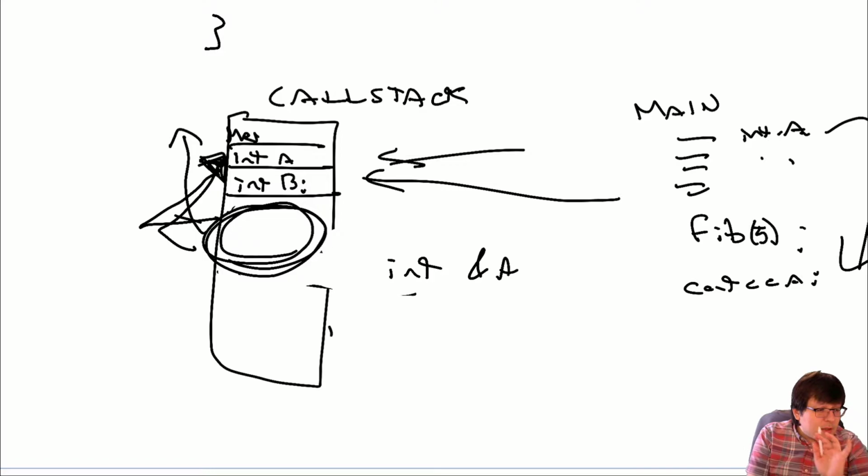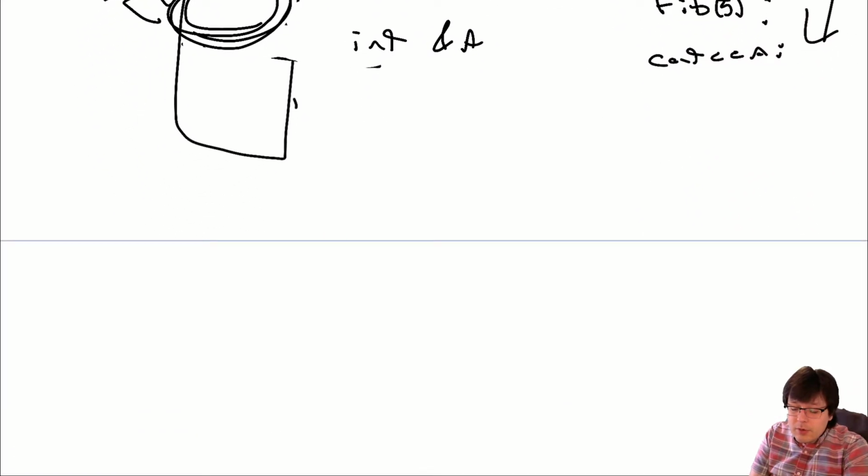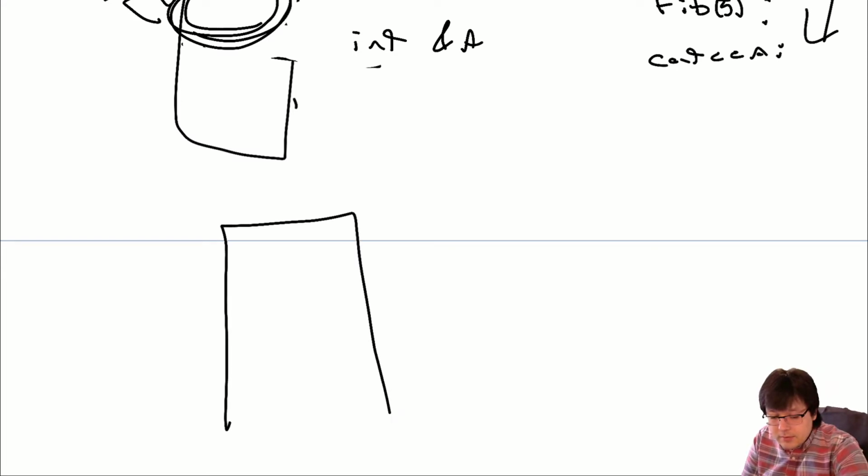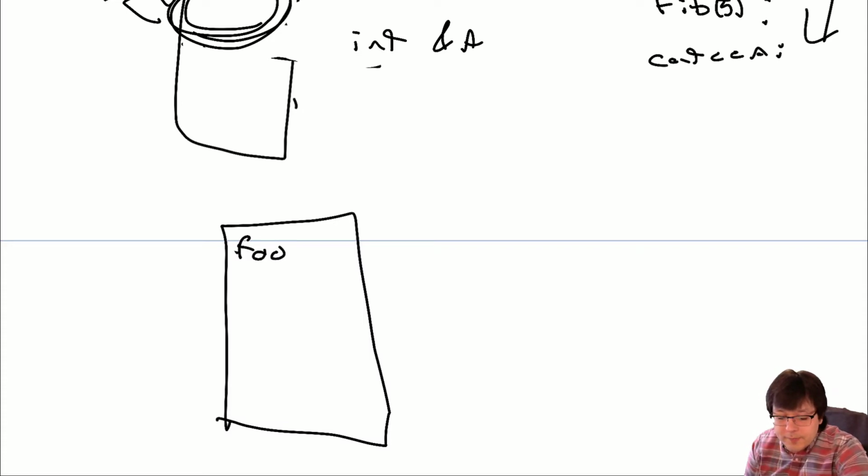Okay, so why am I telling you all of this? Because I want you to understand what happens whenever you call fib. Actually, let's talk about foo, not fib. Whenever you call foo, there are no parameters, and there are no local variables, actually. Cout is not technically a local variable.